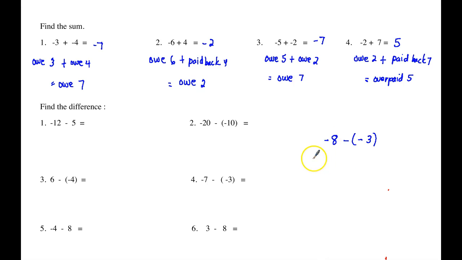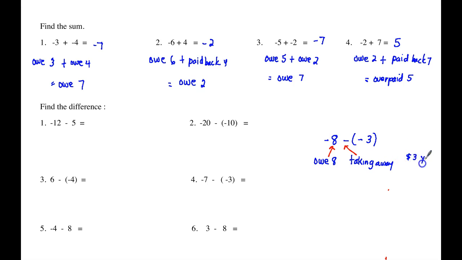So negative 8, say you owe $8. That's negative 8. You owe $8. Minus means you're taking away. That's the minus there.